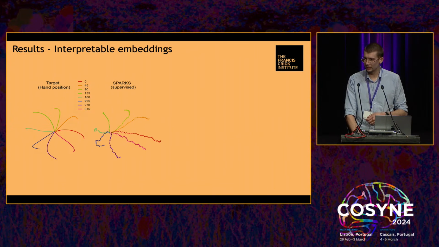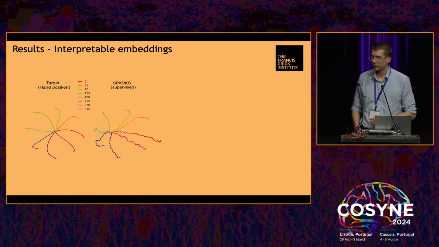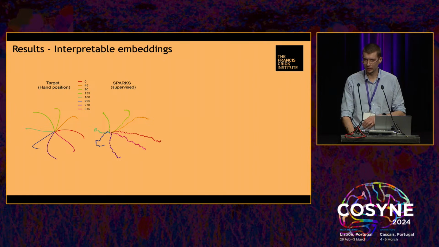And that's the kind of latent embeddings that we obtain with Sparks. When I say interpretable here, you can see that they can be directly related to the actual position of the monkey. If we look at how the state-of-the-art performs on this data, that's what you get.